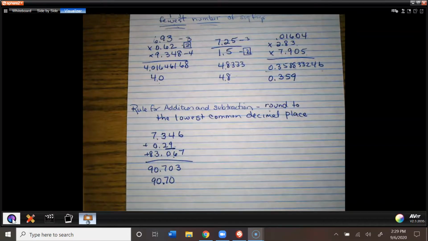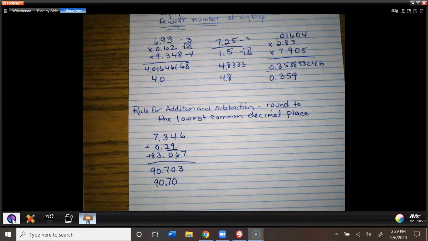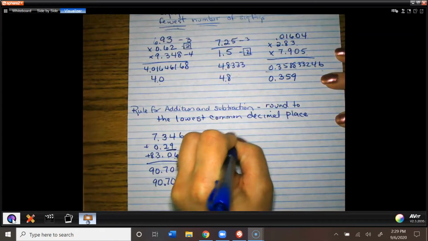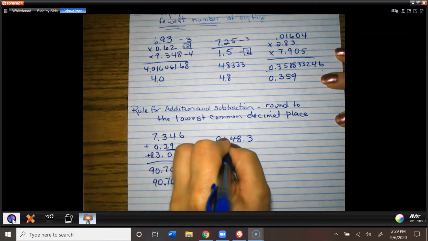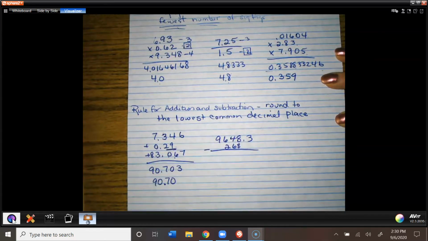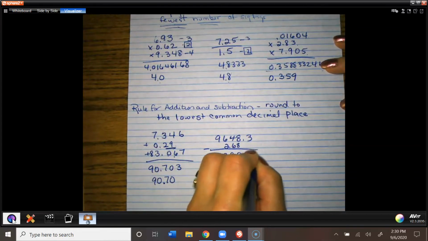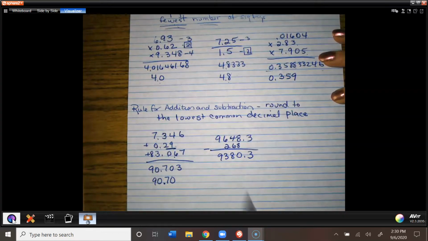Don't get multiplication and addition mixed up, because here I actually wind up having more sig figs than that one, because I'm finding a common decimal place. I'm not counting numbers of sig figs. The same is going to hold true if I do subtraction. 9,648.3 minus 268 gives me 9,380.3, but look where my answer is.